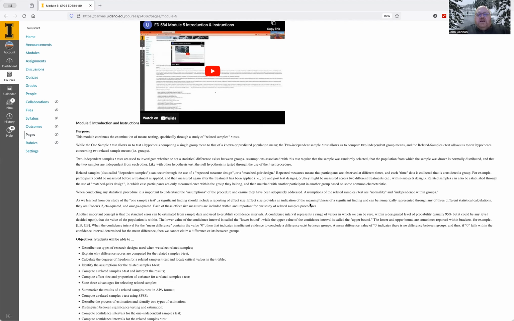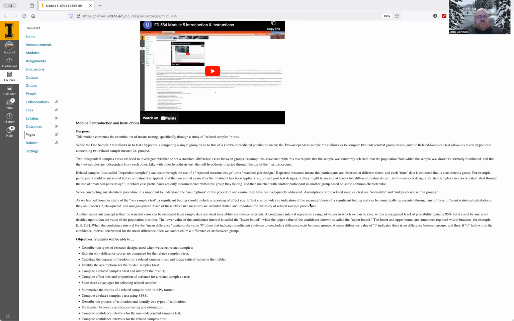And the related samples t-test allows us to test hypotheses concerning two related sample means or two groups. The two independent samples t-test is used to investigate whether or not a statistical difference exists between groups. Assumptions associated with this test require that the sample was randomly selected, that the population from which the samples were drawn is normally distributed, and that the two samples are independent from each other. Like with other hypothesis tests, the null hypothesis is tested through the use of the t-test procedure.